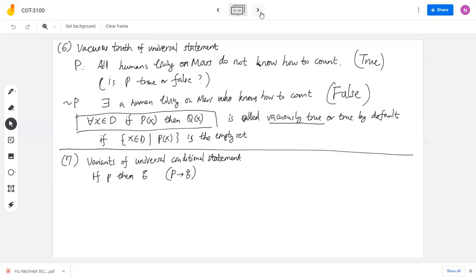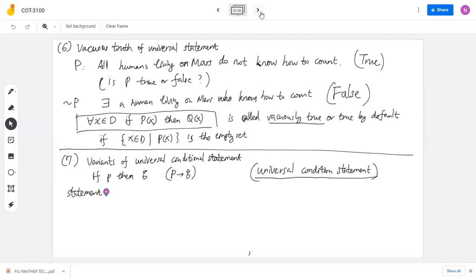So we want to generalize this conditional statement to a universal conditional statement.